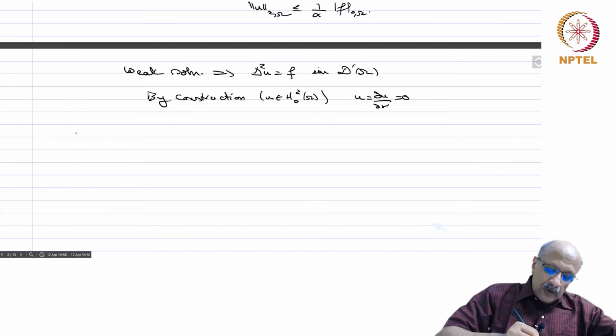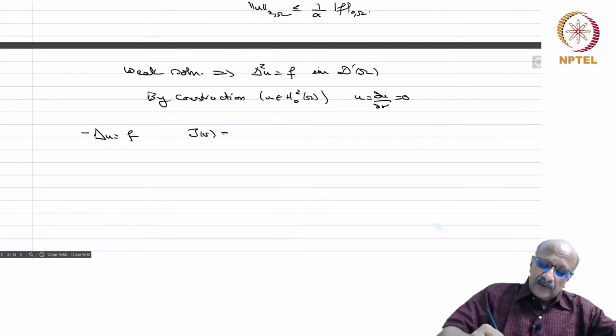So now if you have the Laplace equation minus Laplacian u equals f, which minimizes the associated strain energy, as it is called, 1/2 integral mod grad u squared minus integral over omega of fv dx.